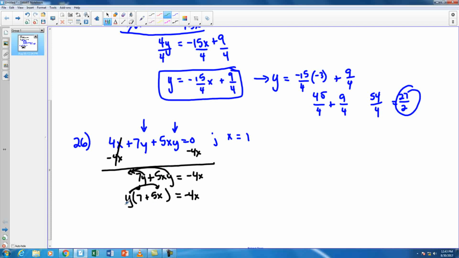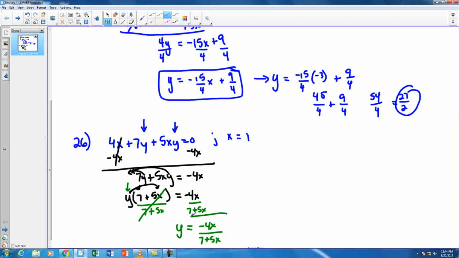But now that I have that, and y only appears once in the problem, I can divide by this parentheses, 7 plus 5x, on both sides. And by doing that, those cancel, and I now have that y will equal negative 4x over 7 plus 5x, or 5x plus 7.